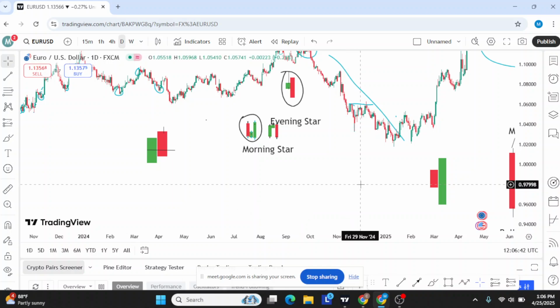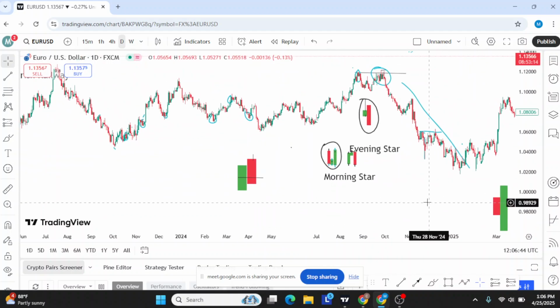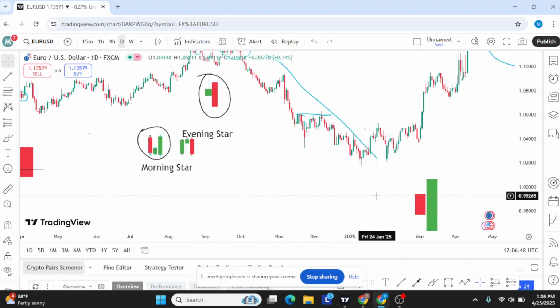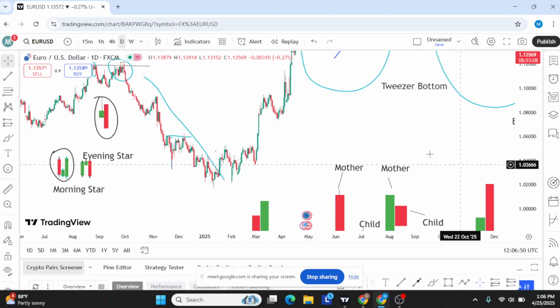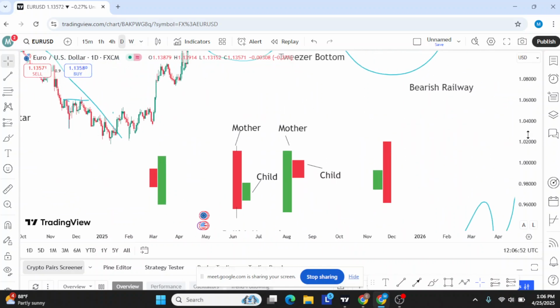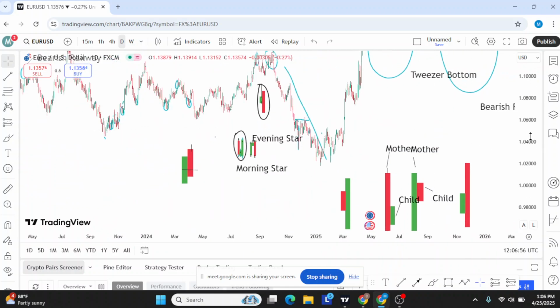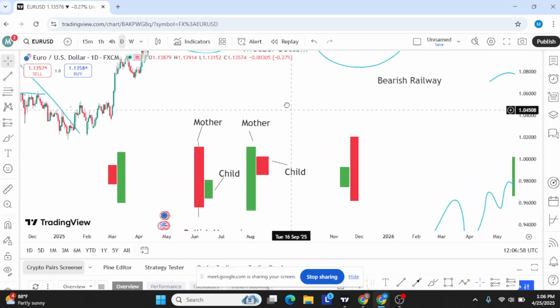So today's class is more of a revision class for all the candlestick patterns we have discussed, because this will be the last class whereby we get to discuss candlestick patterns. From next week, we are moving entirely into a new topic.